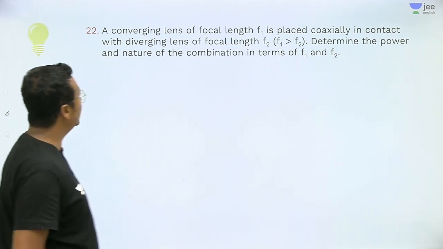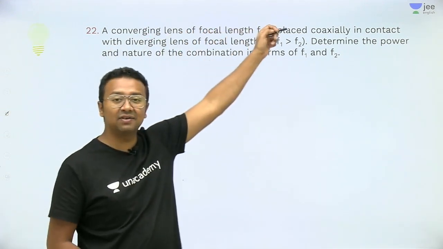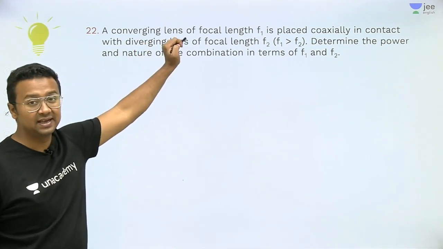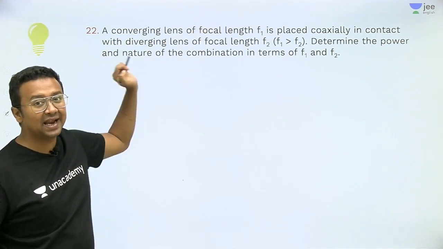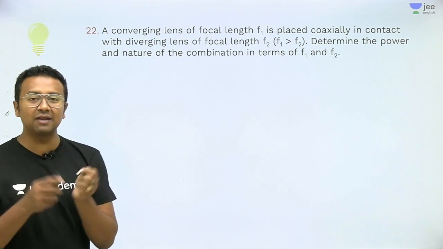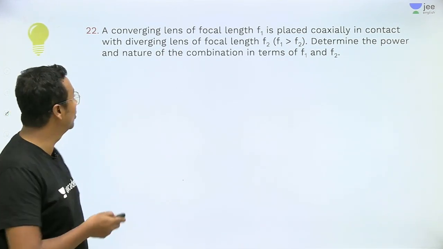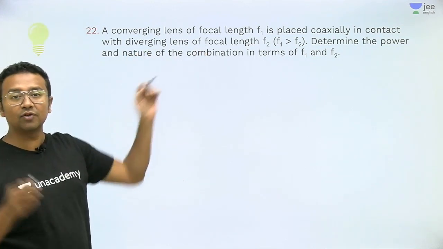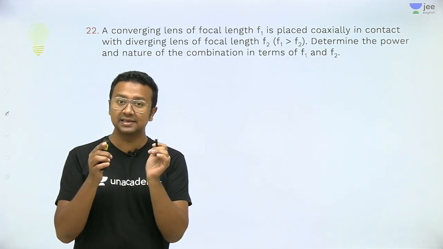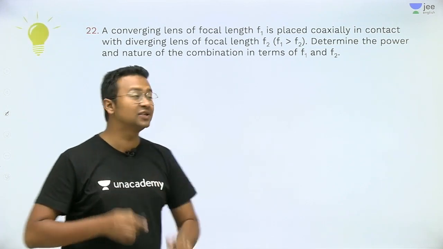Determine the power. Okay, by the way, the first lens is converging and the second one is what? Diverging. The first one is converging, the second one is diverging. Understand, for converging, focal length is positive. For diverging, the focal length is negative. Okay. So, what will be the power of the combination of these two lenses?